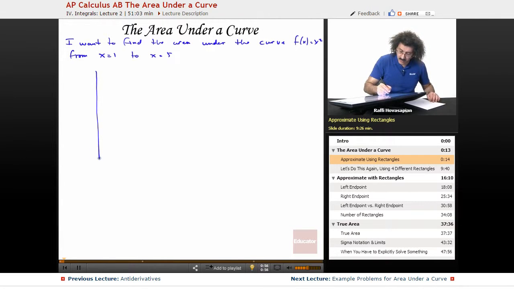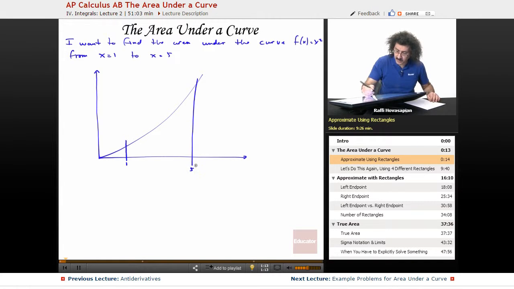So here's what I want to do. I'm going to draw my x squared curve, something like that. I'll say that this is my 1, and I'll say that maybe 5 is over here. Okay, so I want to find the area under the curve from the x-axis up to the curve. So that's what I'm looking for.